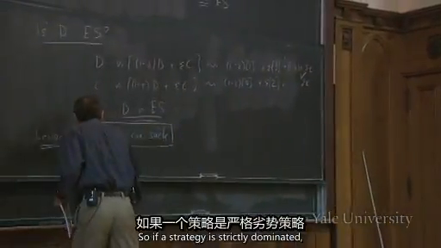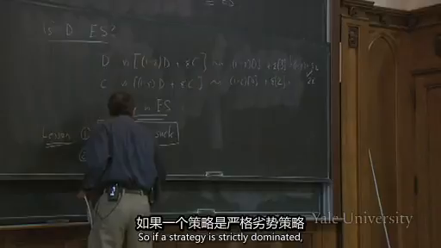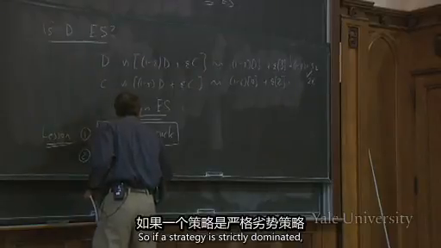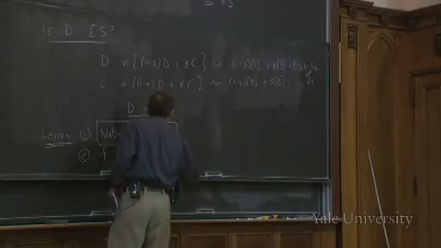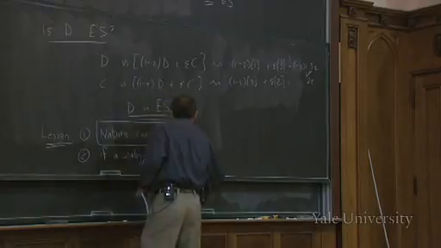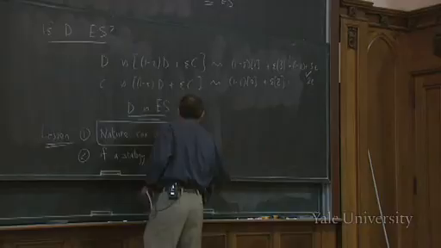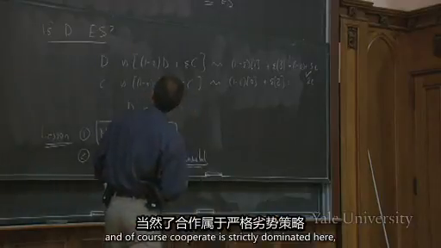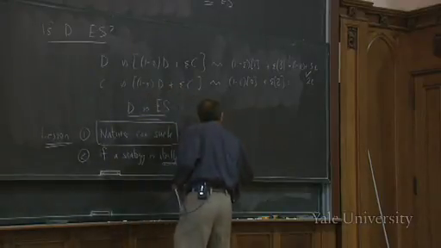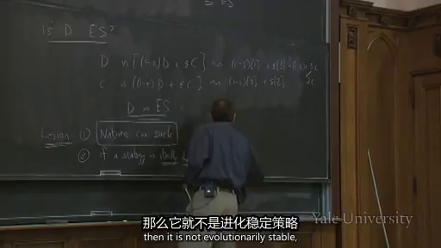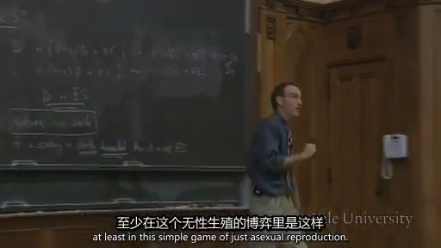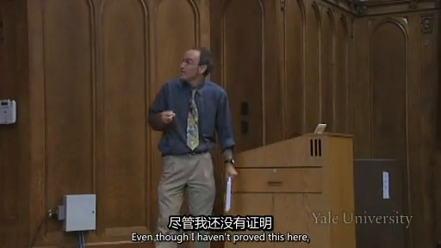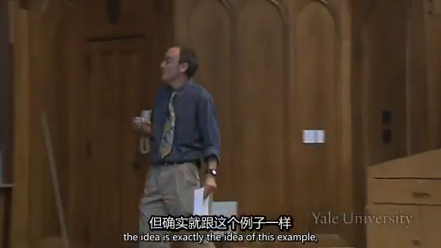So if a strategy is strictly dominated, and of course cooperate is strictly dominated here, then it is not evolutionarily stable, at least in this simple game of just asexual reproduction.